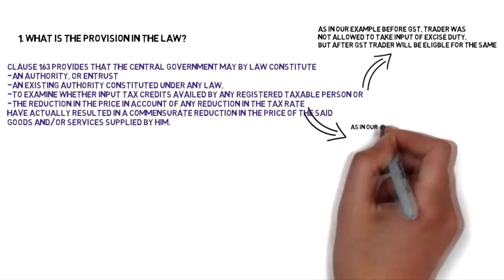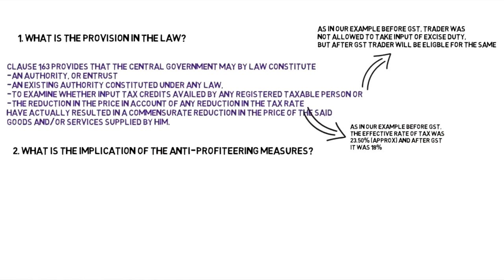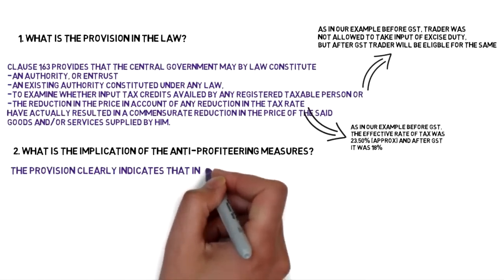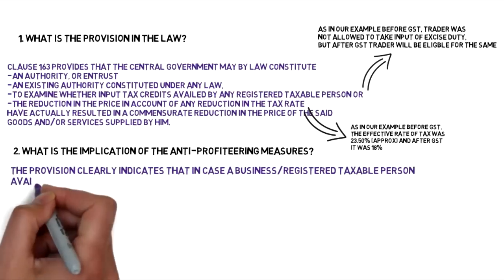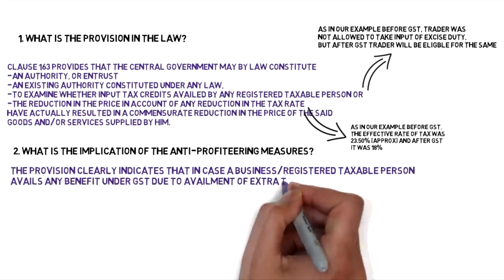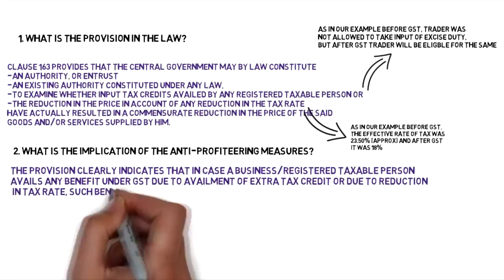What is the implication of the anti-profiteering measure? The provision clearly indicates that in case a registered taxable person avails any benefit under GST due to availment of extra tax credit or due to reduction in tax rate, such benefit has to be passed on to the consumer.